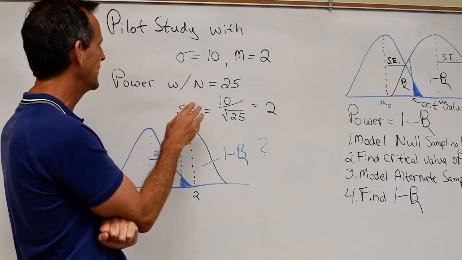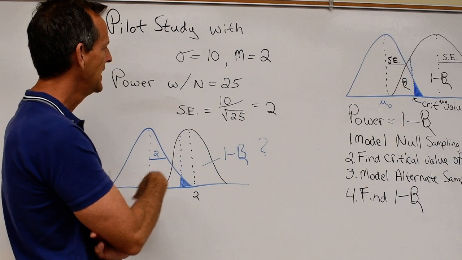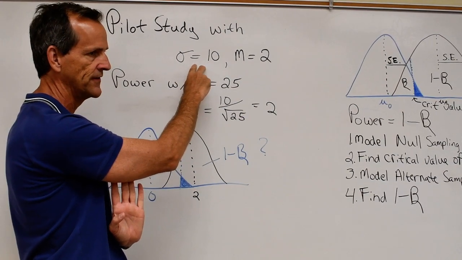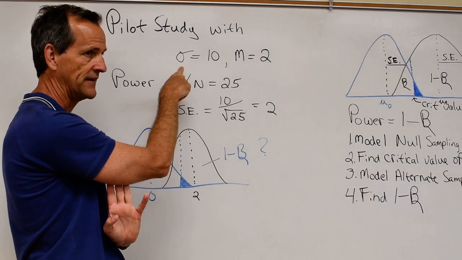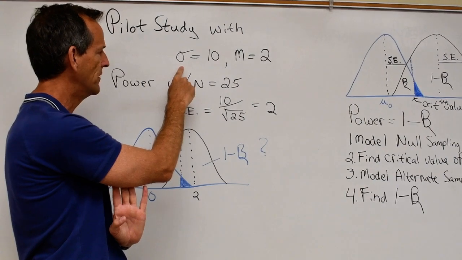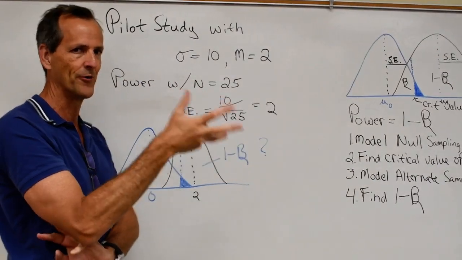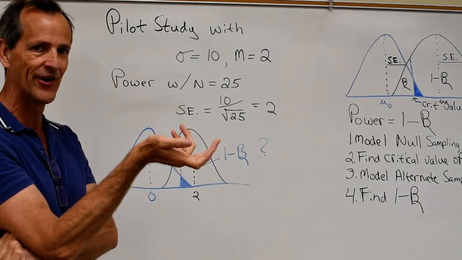So let's assume we've done some sort of pilot study. For this illustration, because we can't really do this with t-distributions very easily, I'm going to use a known standard deviation. So the standard deviation of whatever we were working on would have to be known. We're going to set it at 10. Now that almost never happens.